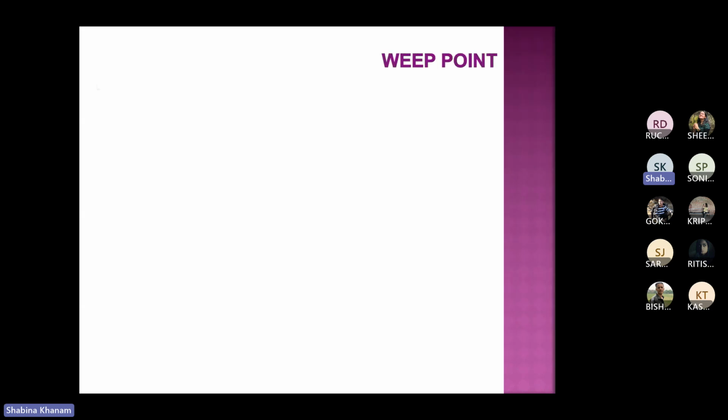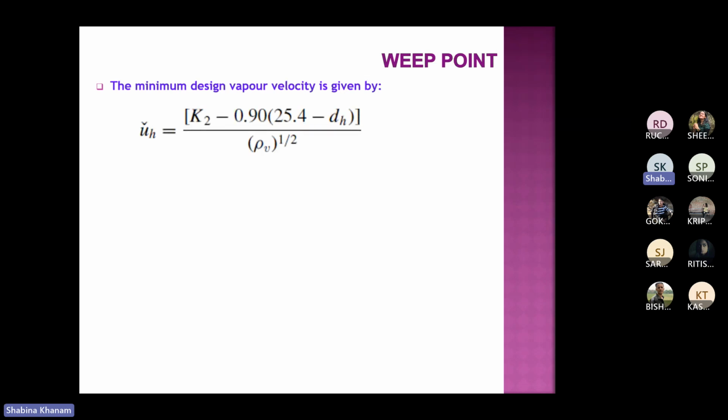Next is the weeping condition, the weeping point. This weeping point is the minimum design vapor velocity, and that will be given by this expression. It depends on K2, which is a constant, and DH, the hole diameter.